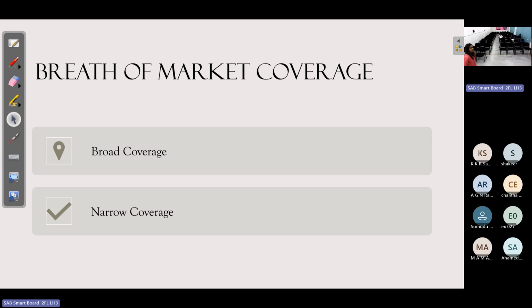You can write down within brackets mass marketing and segmented marketing. Those approaches come under this: mass marketing and segmenting.